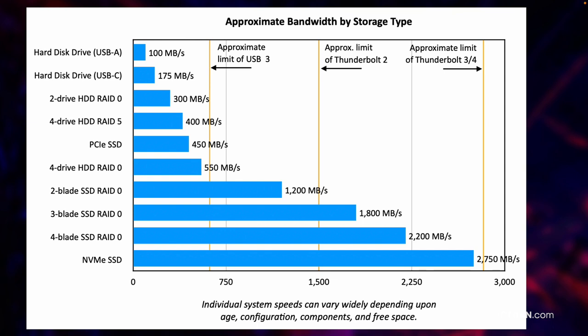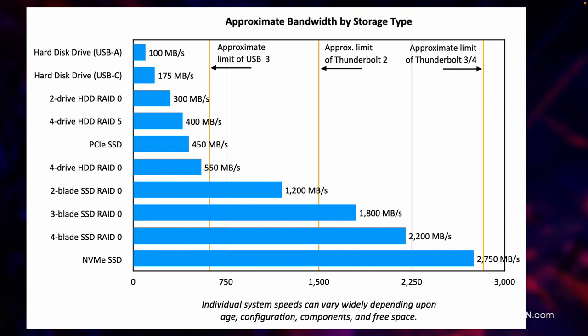If we look at hard disk speeds by storage type, an older, cheap hard disk connected via USB-A delivers about 100 megabytes per second of data. Now, storage varies based upon age and configuration, components, amount of free space, so consider these ranges as opposed to a very specific number.